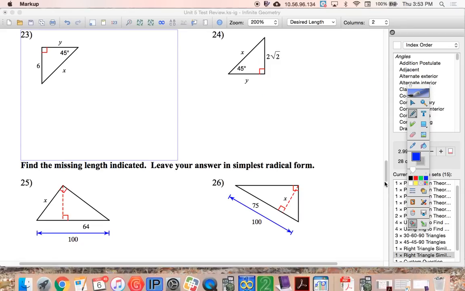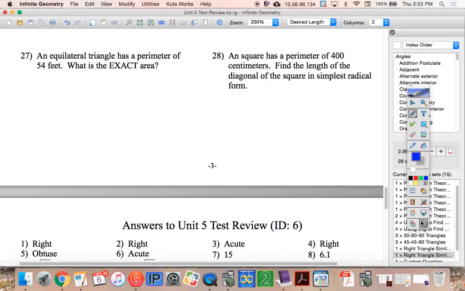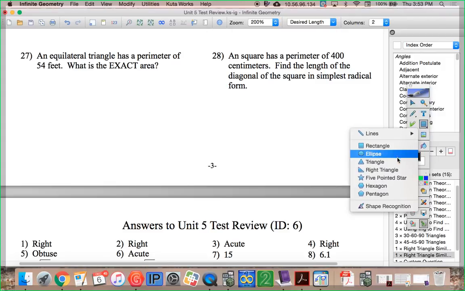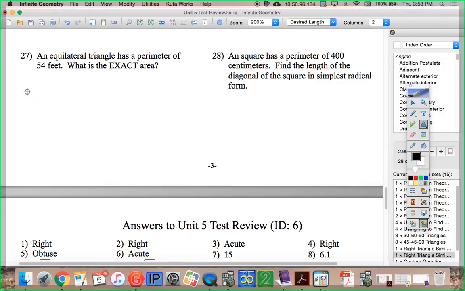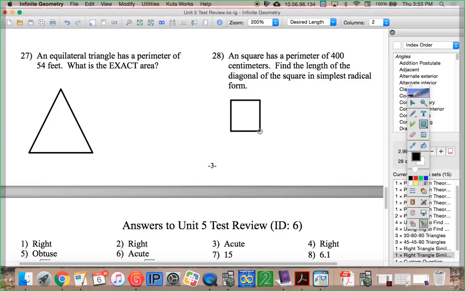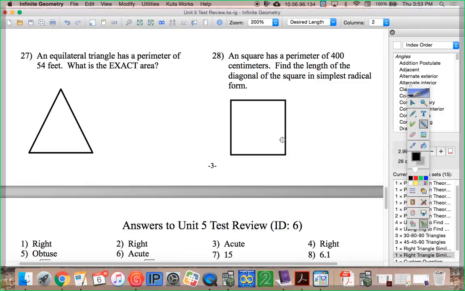Okay, 2 more. So let's see. If I draw an equilateral triangle and a square, now let's see if I can do a perfect line down the center.